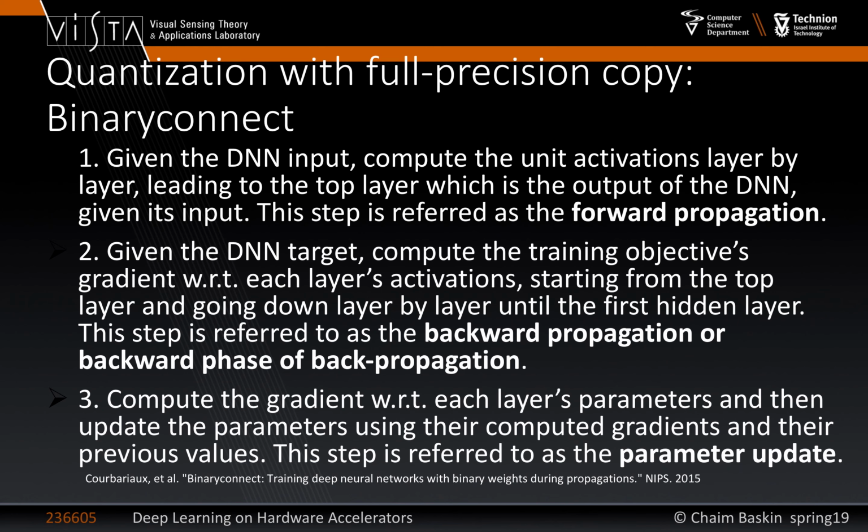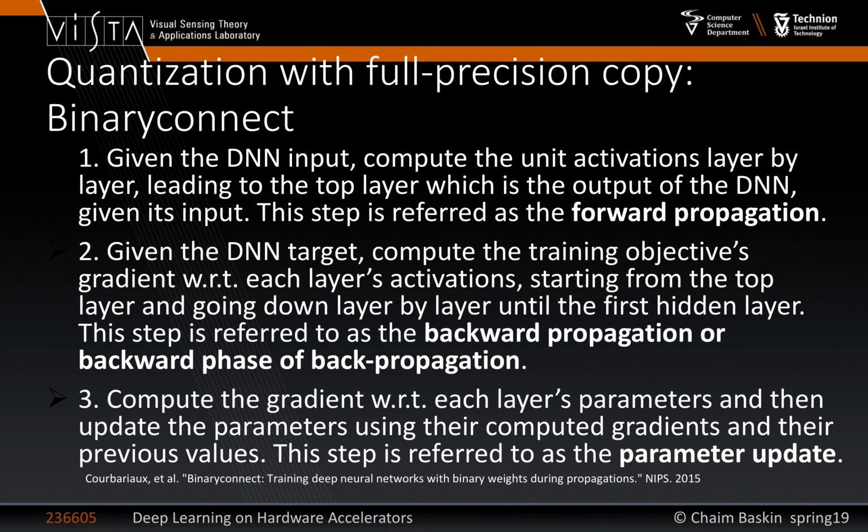For a given DNN input, we compute the unit activation layer by layer leading to the top layer, which is the output of the DNN. This step is referred to as forward propagation. Then, given the DNN target, we compute the training objective gradient for each layer's activation, starting from the top layer and going down layer by layer until the first hidden layer.